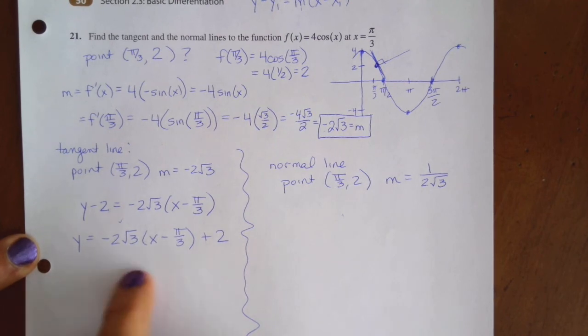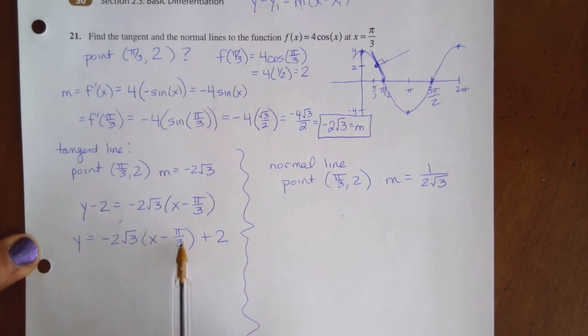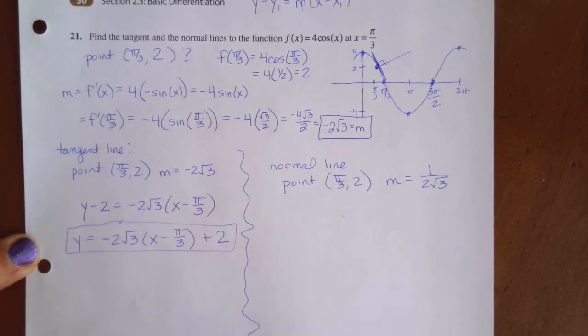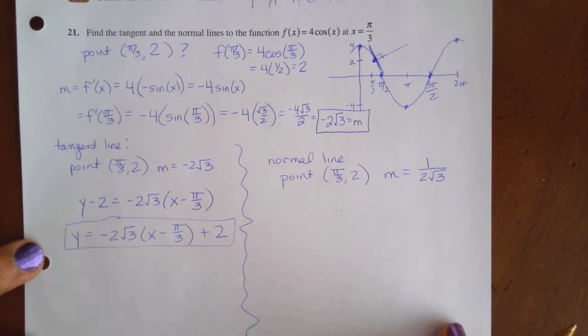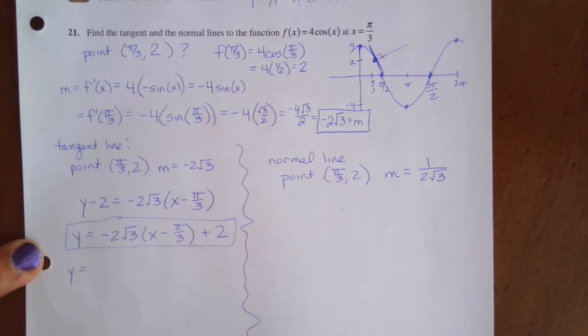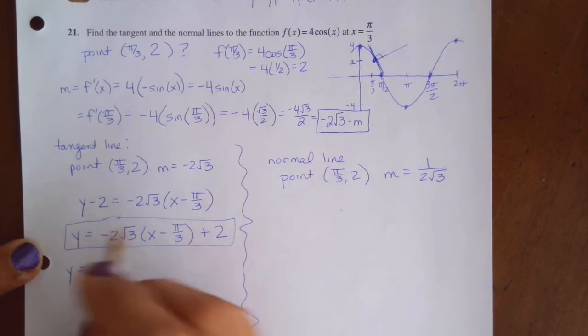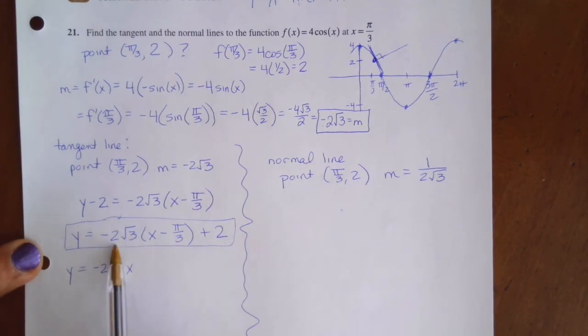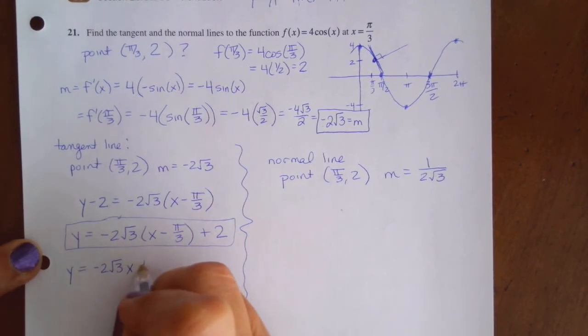If this was a multiple choice question and it was multiplied out, then sure, you could multiply the 2 square root of 3 times everything. But I'm telling you, this is fine for an answer, okay? Now, I'm going to go ahead and multiply this out just to see what happens, just to help you guys. So, negative 2 square root of 3 times x is negative 2 square root of 3x. You got a negative number times a negative number, so that's going to be positive.